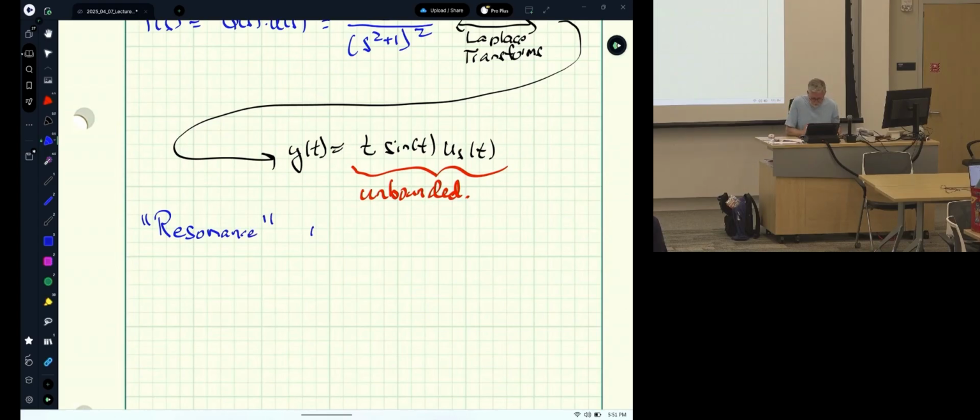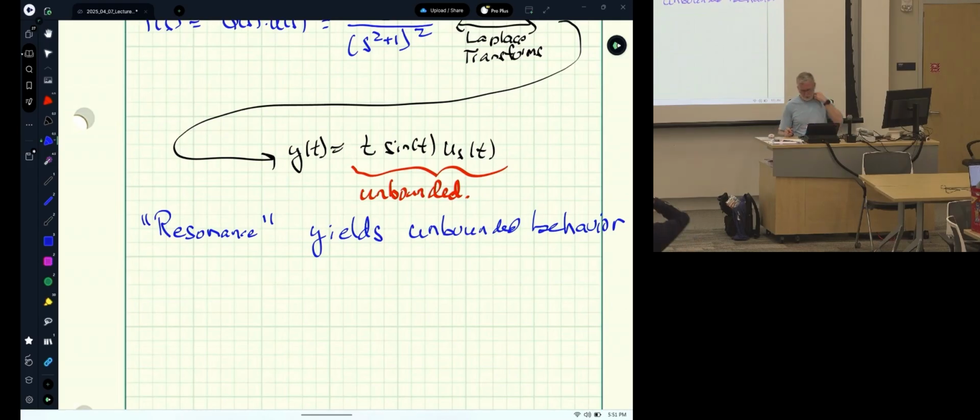And it yields unbounded behavior. Okay, so we really do want all of our poles in the left half plane.